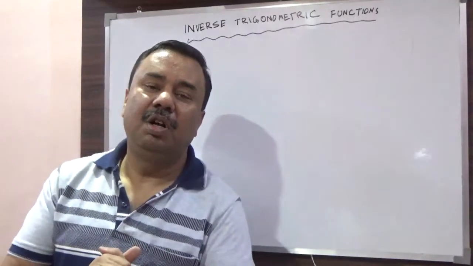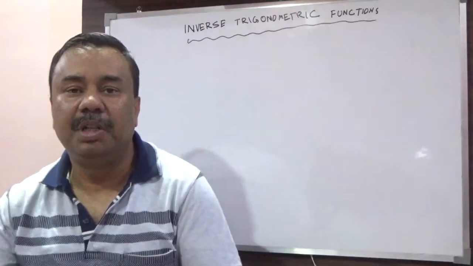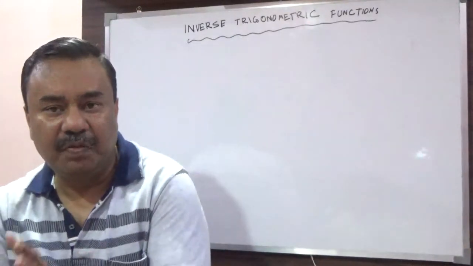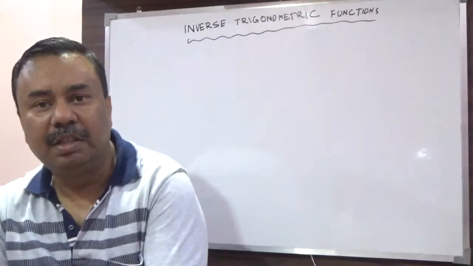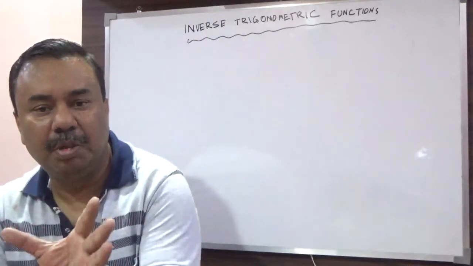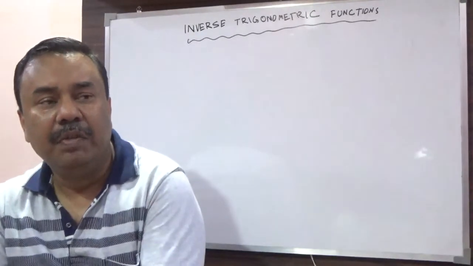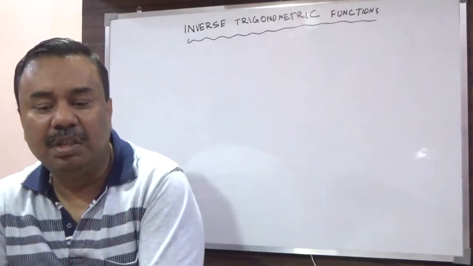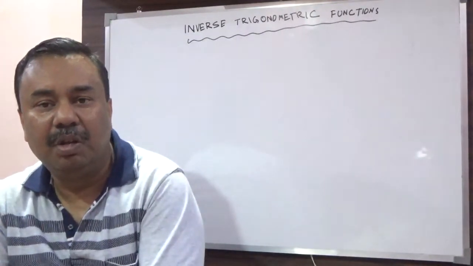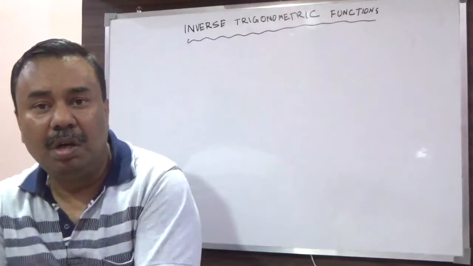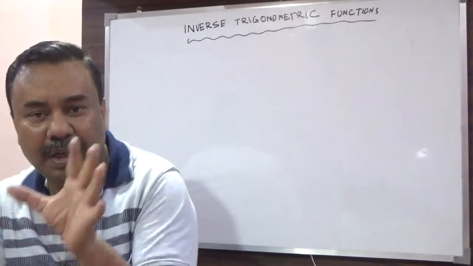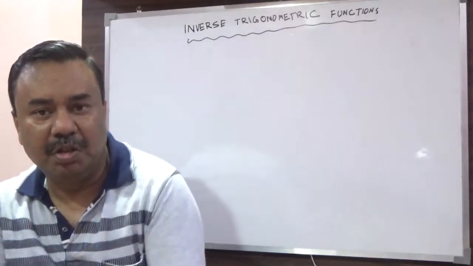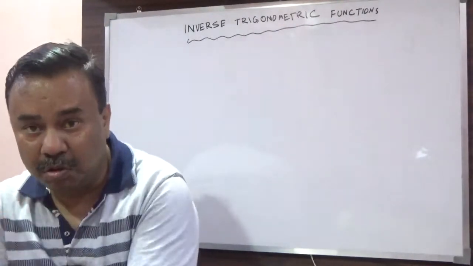In class 11th, all of you have studied the trigonometric functions. Earlier, in 9th and 10th standards, you must have studied the trigonometric values for angles lying between 0 degree to 90 degree only. Then in class 11th, you studied the values for any angle, whether the angle falls in the first quadrant, second quadrant, third quadrant or fourth quadrant.